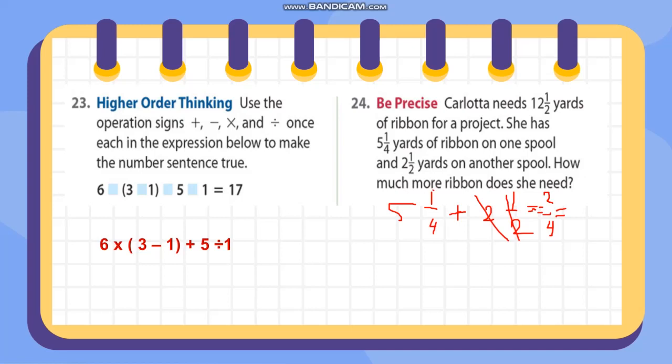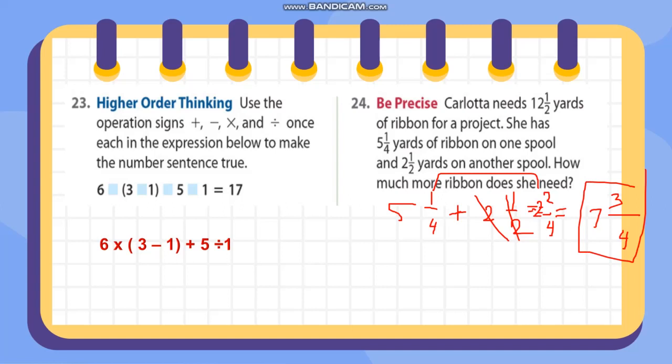Then I will add 1 plus 2, that is 3, and the denominator is 4. And 5 plus 2, I forgot to write 2 here, 5 plus 2 is 7. So 5 and 1/4 plus 2 and 2/4 is equivalent to 7 and 3/4. Now, how much more ribbon does she need?